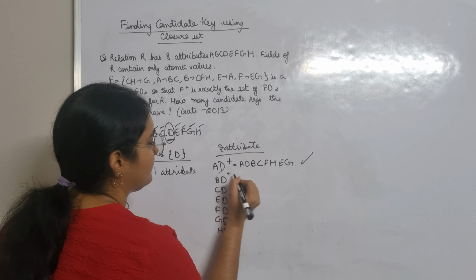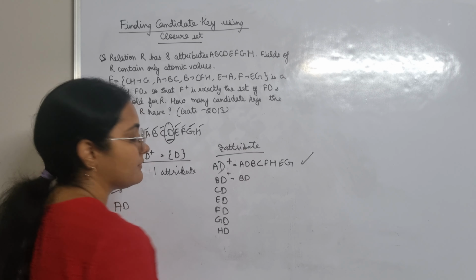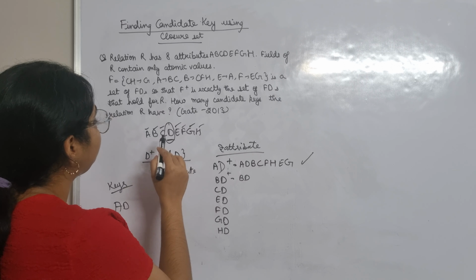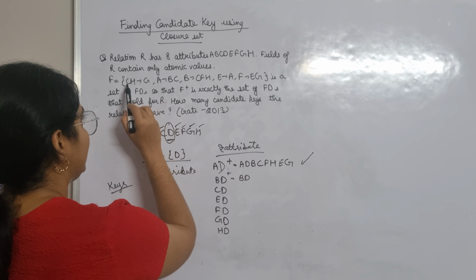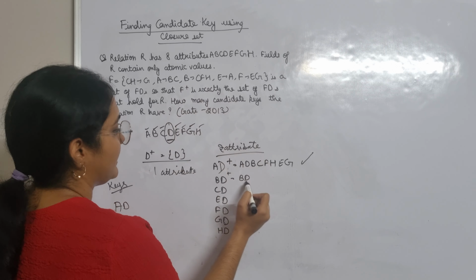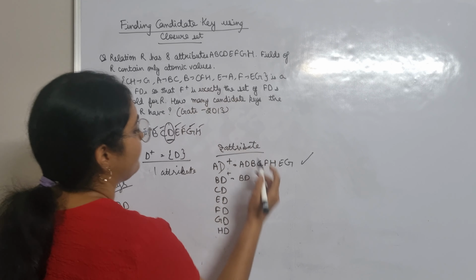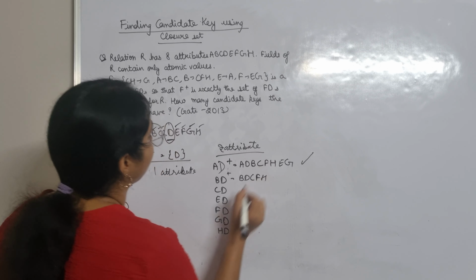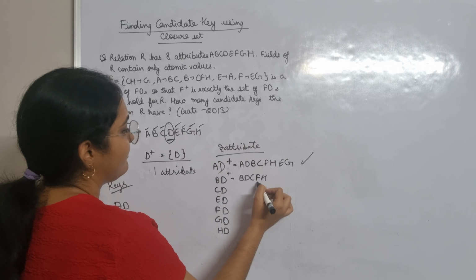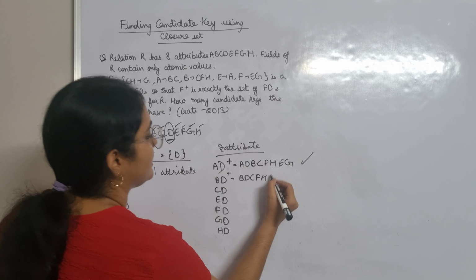Now BD. BD can determine BD, right? Now what else can it determine? CH we have? No. A we have? No. B we have? Yes. So B determines CFH: C, F and H. Now E we have? No. F we have? Yes.